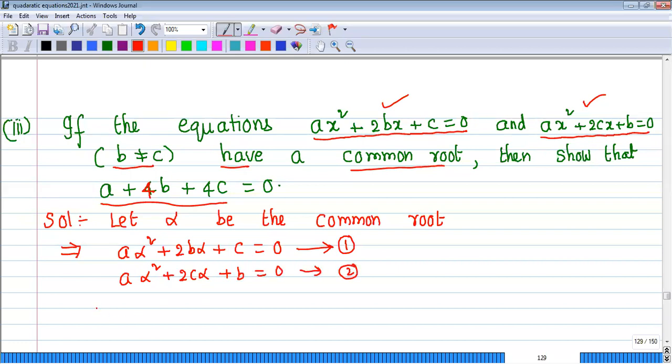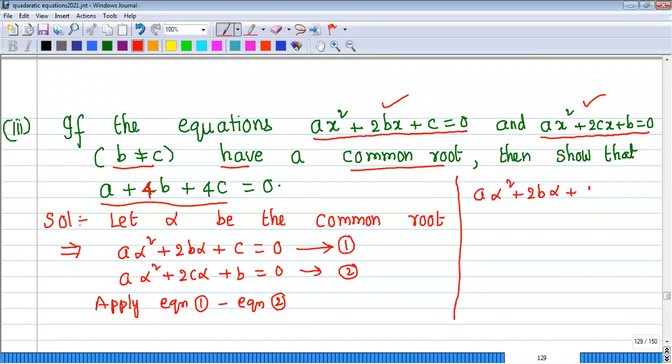Now apply equation 1 minus equation 2. Let us subtract equation 2 from equation 1. So a alpha square plus 2b alpha plus c equals to 0, a alpha square plus 2c alpha plus b equals to 0.